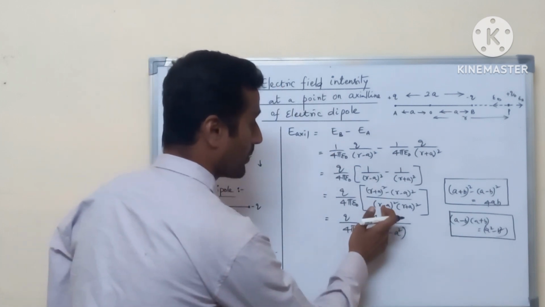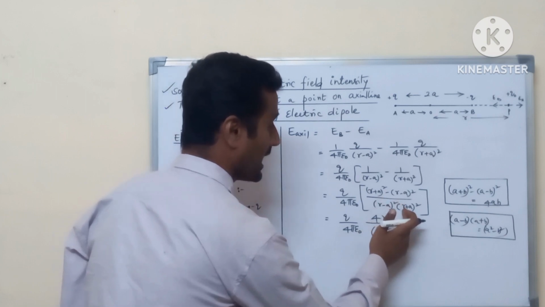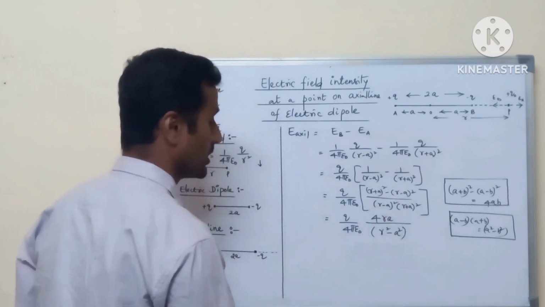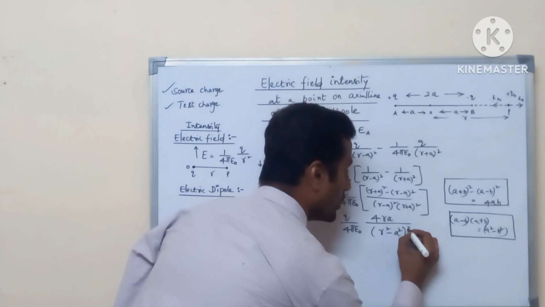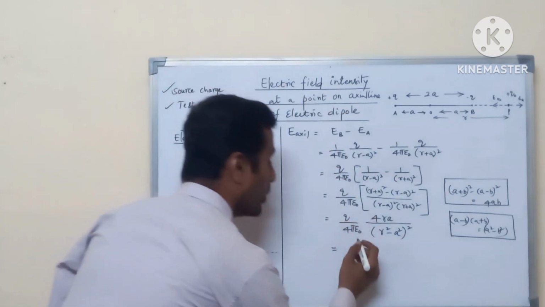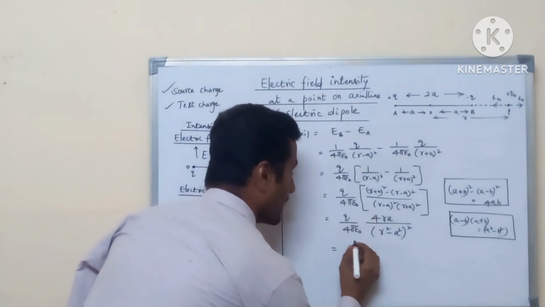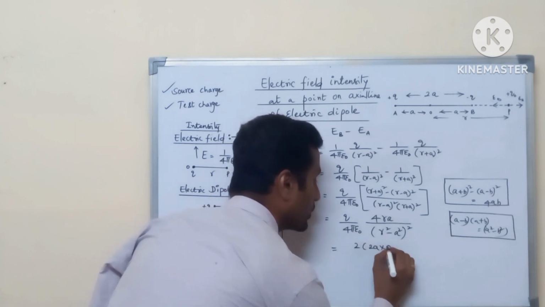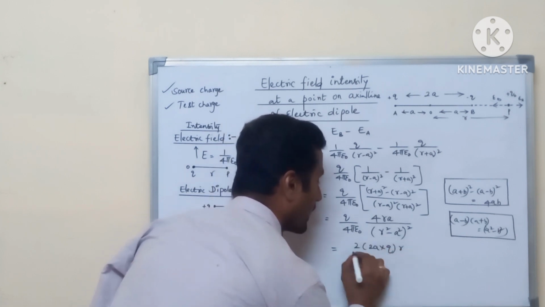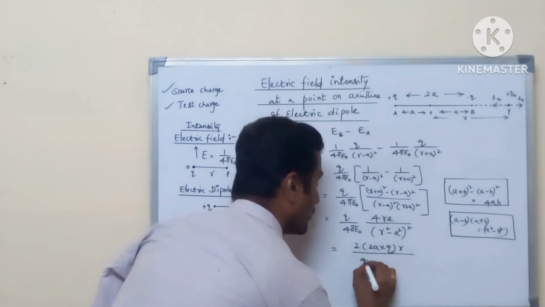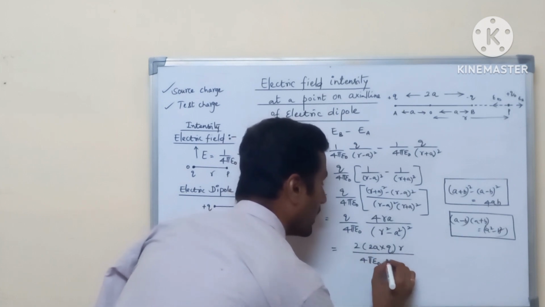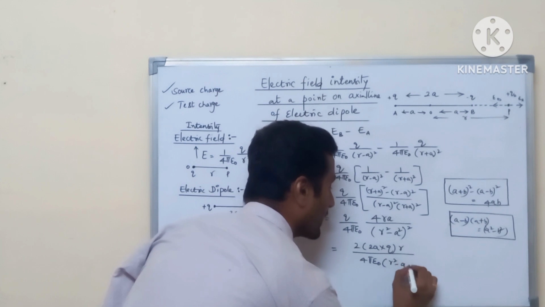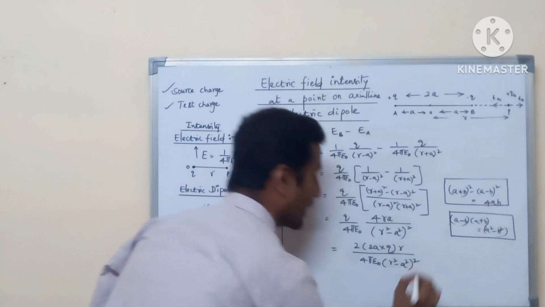Here r minus a whole square and r plus a whole square exist, so we can write whole square. The above equation can be written as 2 into 2a into Q into r divided by 4 pi epsilon naught into r square minus a square whole square.